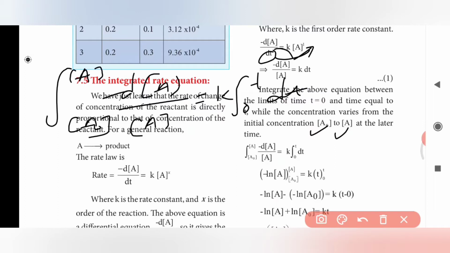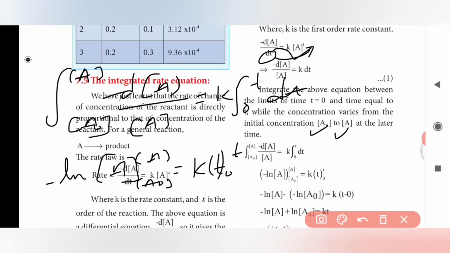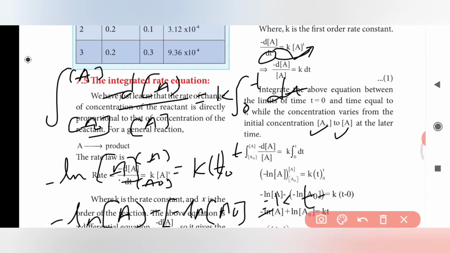After integration, we get minus ln A from A0 to A equal to K t from 0 to t. After applying the limits, we get minus ln A minus ln A0 equal to K t minus 0.